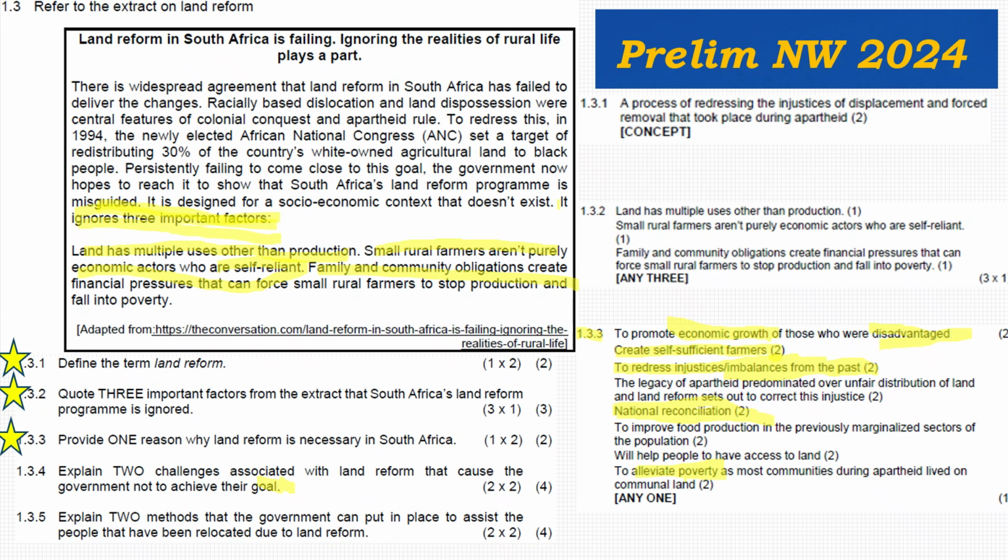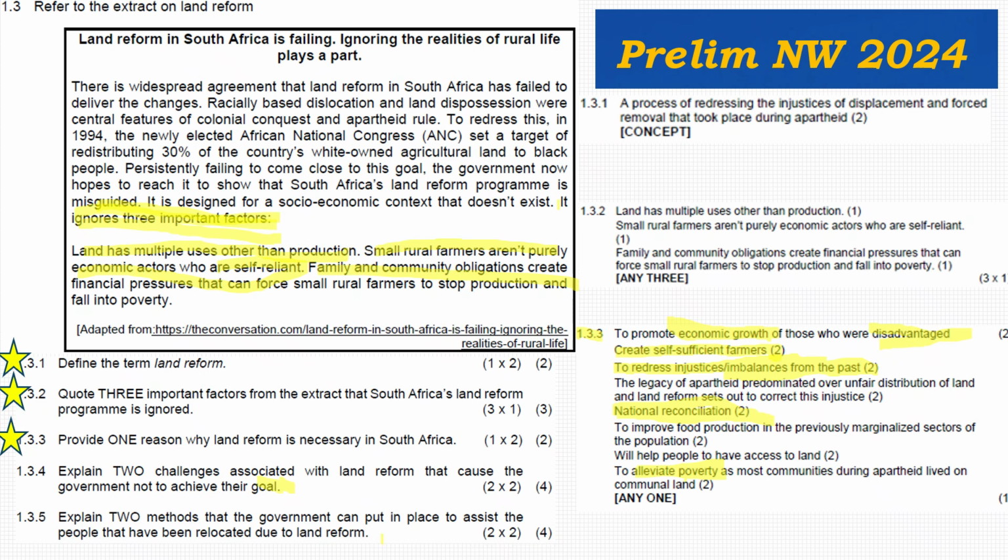And 1.3.5 says, explain two methods that the government can put in place to assist people that have been relocated. Remember, we can create a market area for trading, where they can sell whatever they've grown in their new land. They can establish educational centers to provide skills development for the new owners.